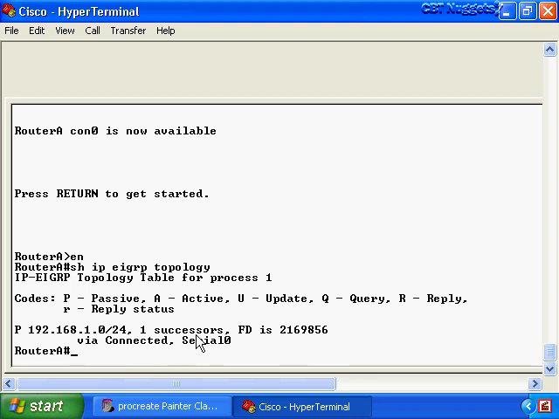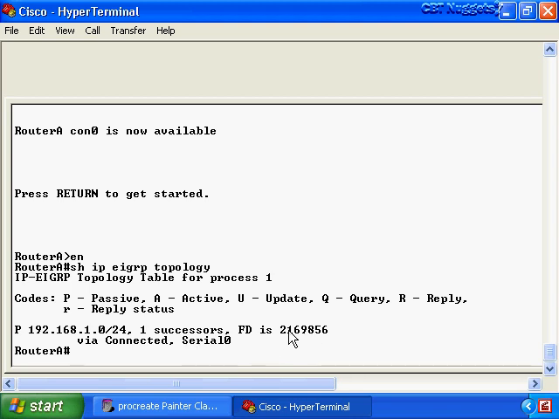Now there's feasible successors that are stored in another table, and basically those are ones that are on standby in case my successor route goes down. It can recalculate and use one of those feasible successors to ultimately add that into my routing table. The feasible distance is a mathematical value based on the metric we just talked about, bandwidth and delay. And of course, the feasible distance is going to be the one with the lowest value. The successor will have the lowest FD number.